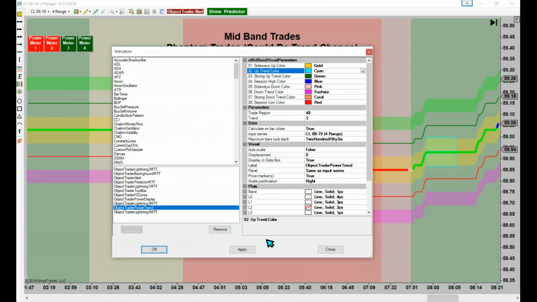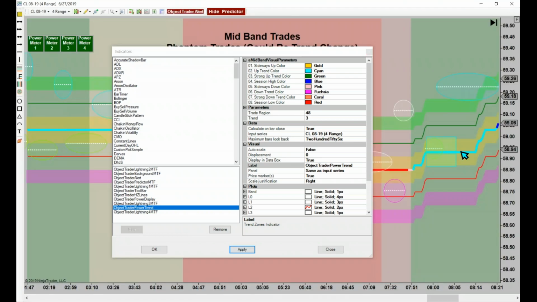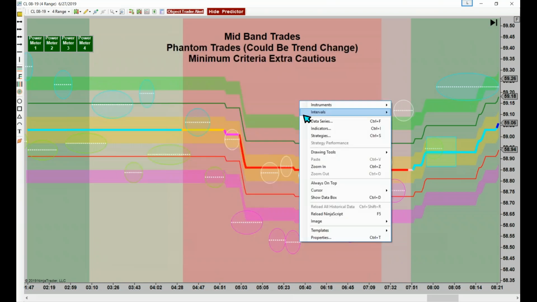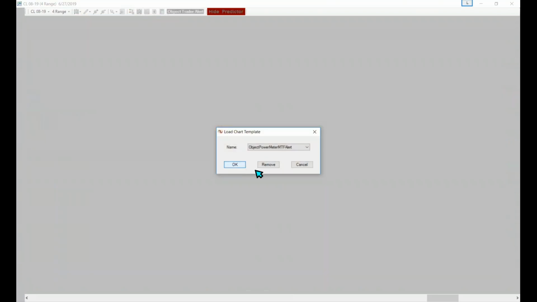If I wanted cyan, I'd just do it like that and apply it, and then you'll see the mid-bands in cyan. That's going to be kind of nice because there are some people that want different colors. You may even want a darker background. So we're going to make this available. I'm going to go ahead and change that back to our normal template for today.